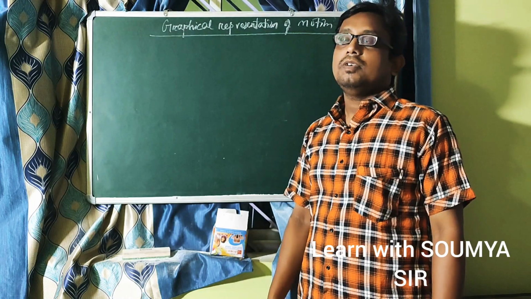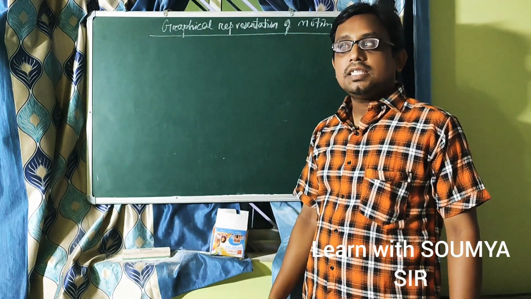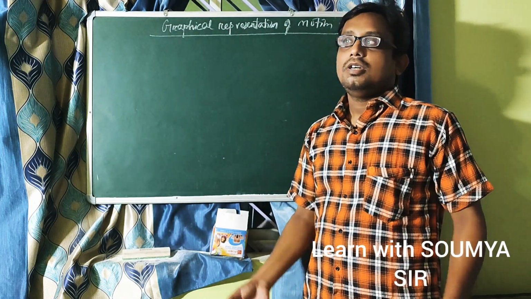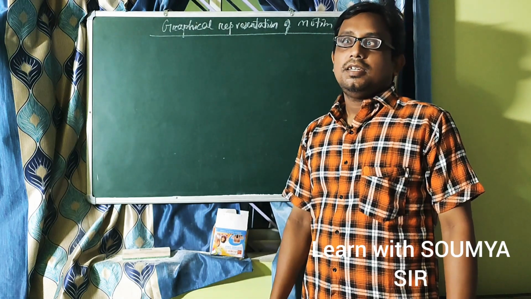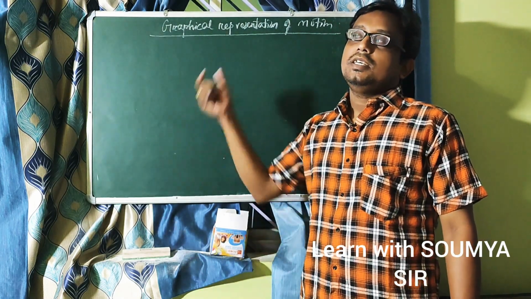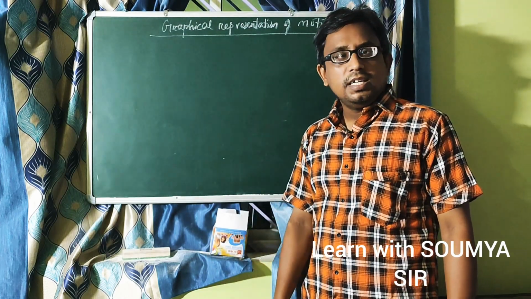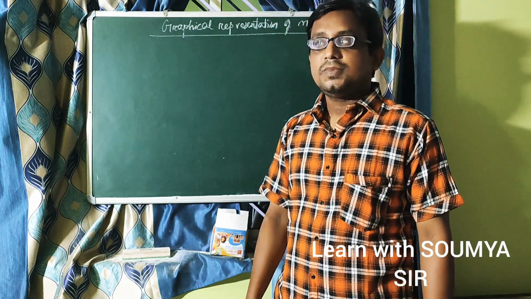You may know what is a graph. There is an x-axis, there is a y-axis. The point of intersection between x-axis and y-axis will be the origin. So we will not go into the mathematics. We will just see how the motion of a body can be represented with the help of a graph.